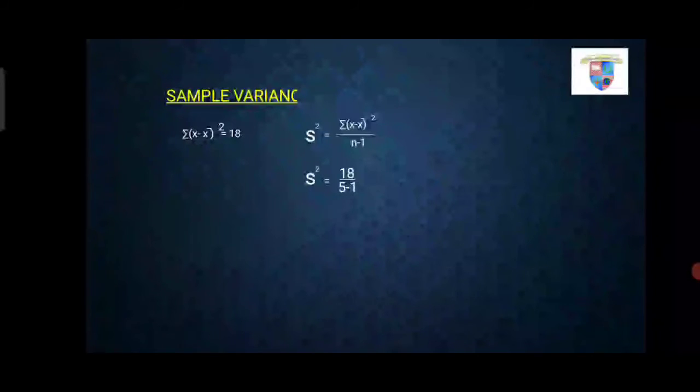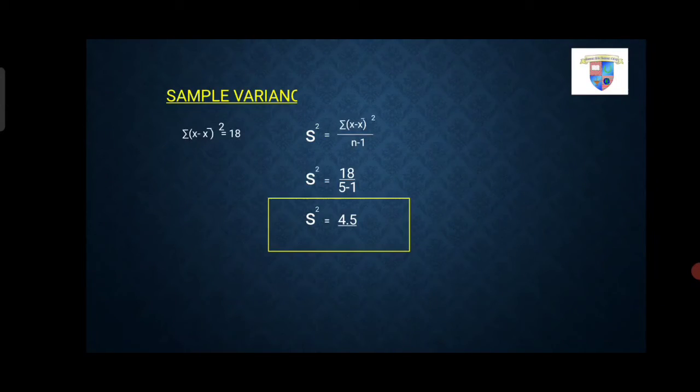Our numerator is equal to 18, and the denominator is 5, which is our sample size, minus 1. So 18 over 4 equals 4.5. So this is our answer for sample variance. If you have any clarification, just say it, and we will proceed to our exercise.